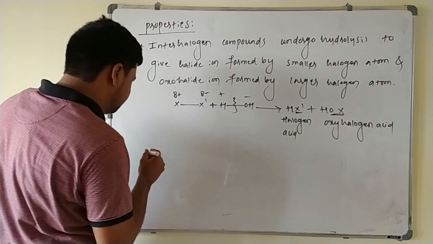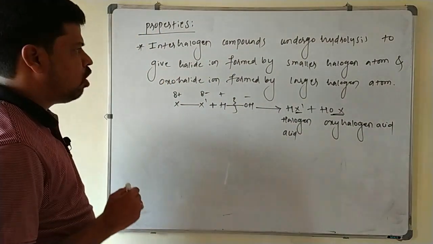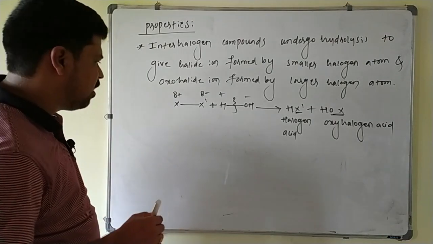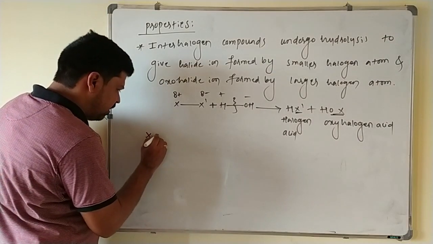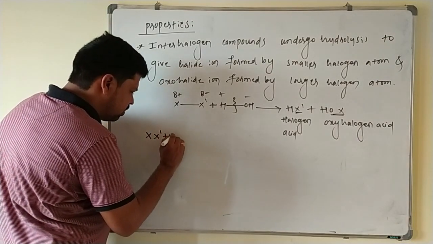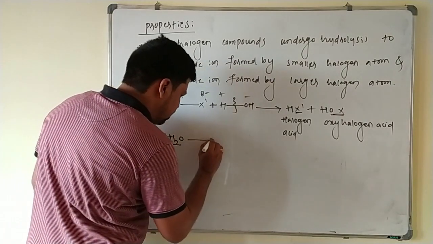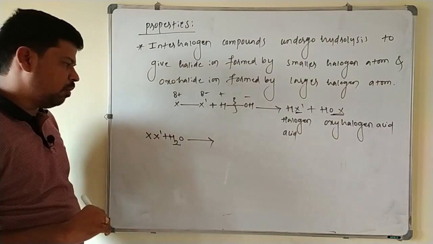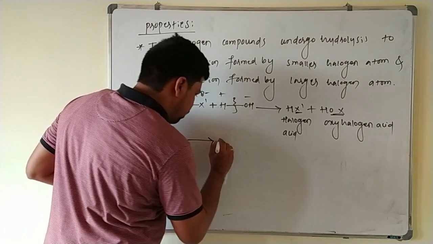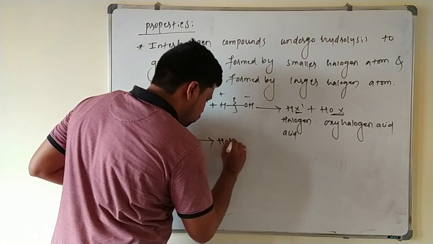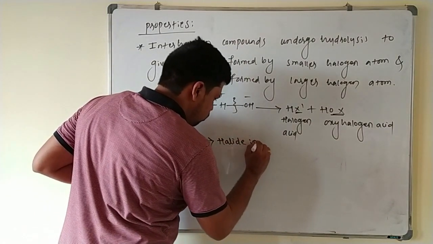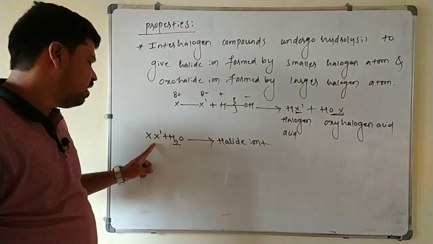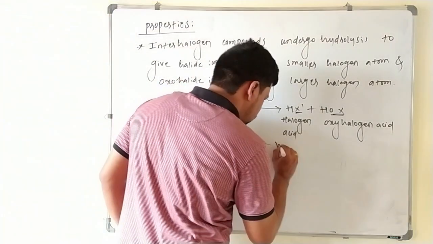So we will write the oxohalide ion obtained by different types of interhalogen compounds. X-X' on treating with water: in all cases halide ion is common, so it will give one halide ion plus one hypohalite ion.